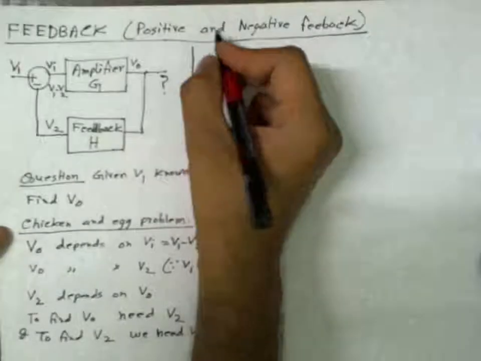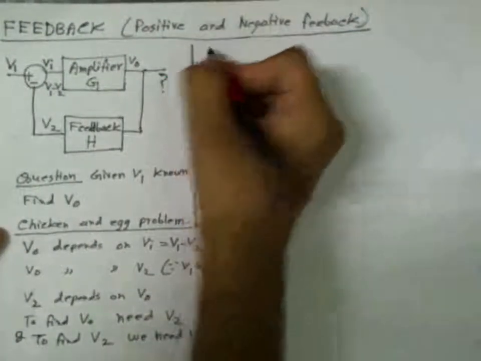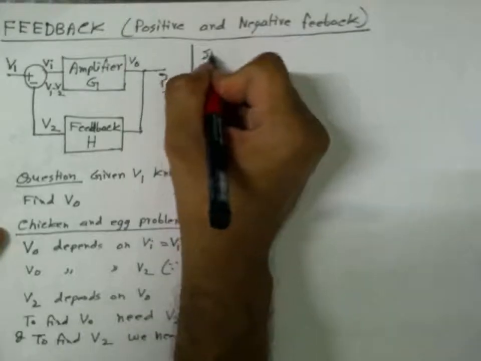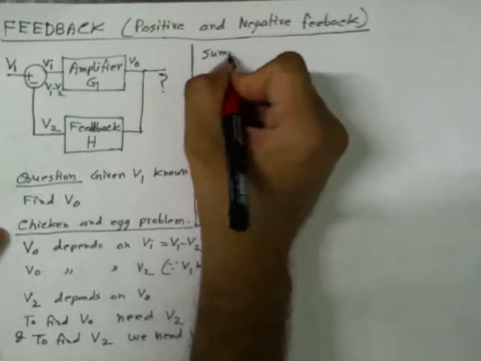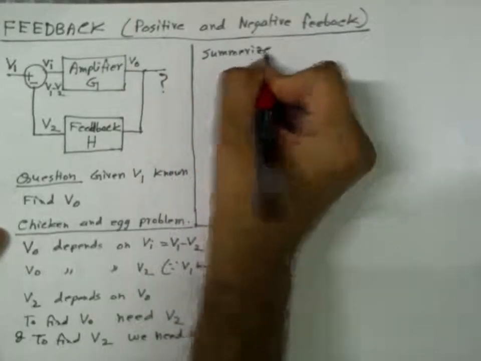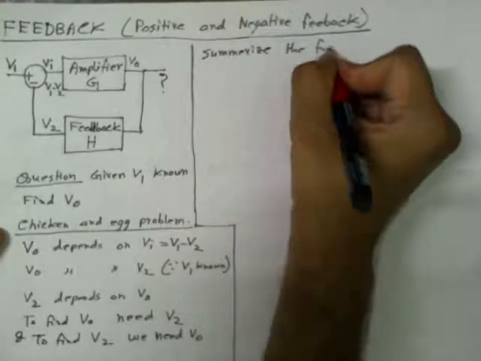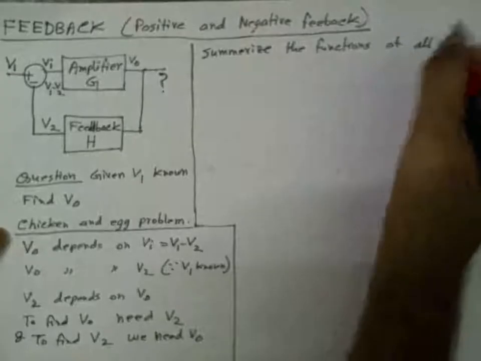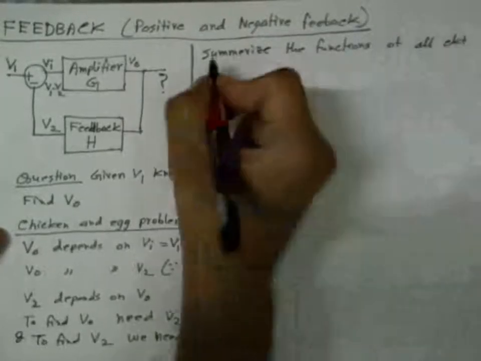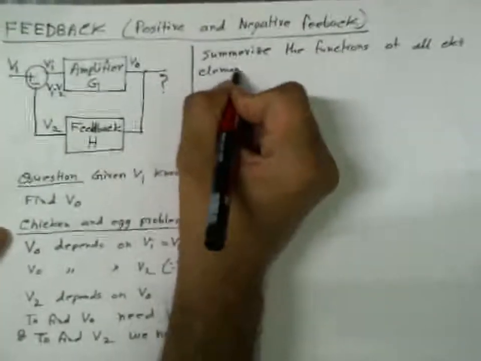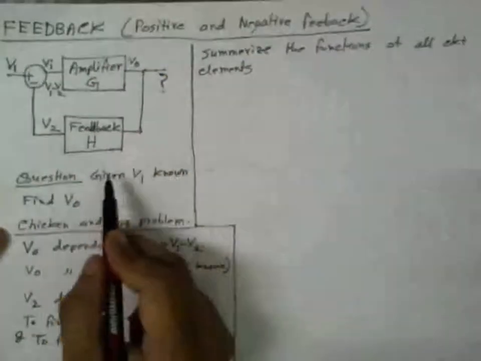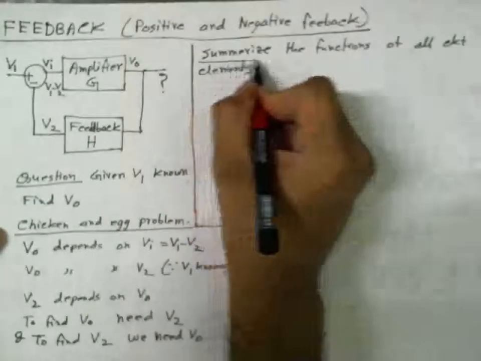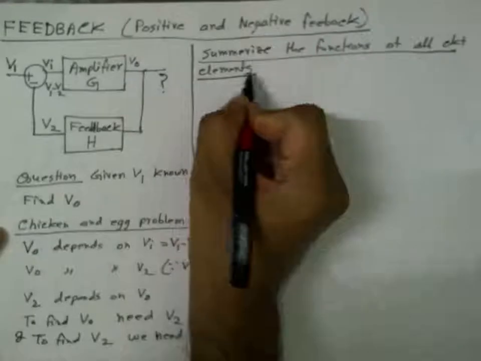So for that, let us first summarize the functions of all the circuit elements that we have here: amplifier, feedback, summer. So let us first write down their functions.